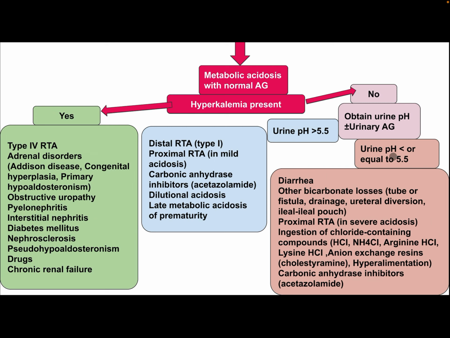If the urine pH is less than or equal to 5.5, differential diagnosis: diarrhea, other bicarbonate losses, tube or fistula drainage, ureteral diversion, ileal pouch, proximal RTA in severe acidosis, ingestion of chloride-containing compounds like HCl, NH4Cl, arginine HCl, lysine HCl, anion exchange resin, which is cholestyramine, hyperalimentation, carbonic anhydrase inhibitor like acetazolamide.